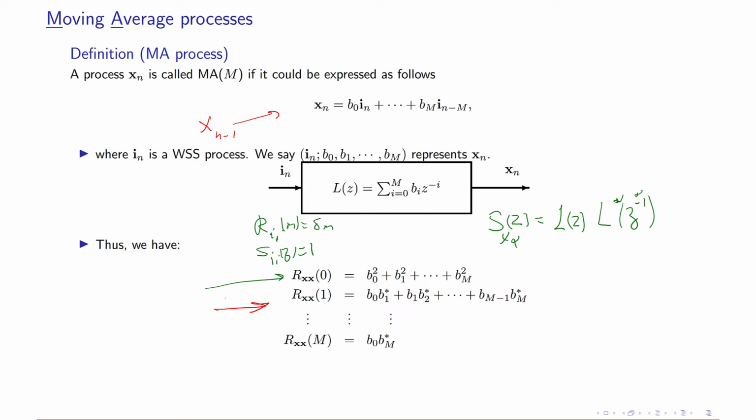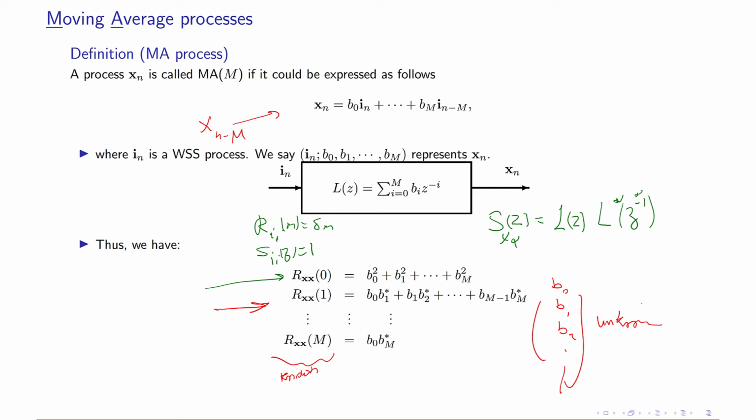If you multiply by X[n-M] and take the expected value, you get the last one. It is assumed that these correlation values are known, and the set B0, B1, B2, etc. are unknown.